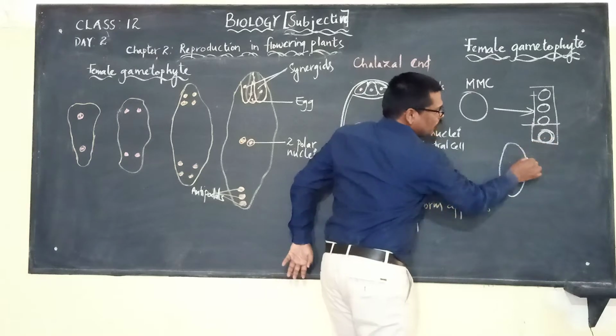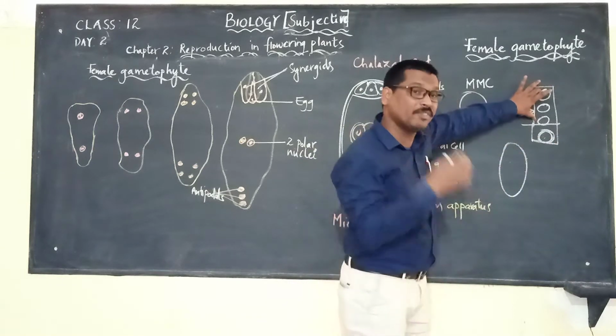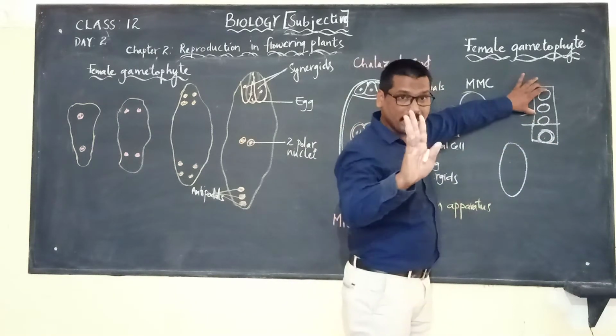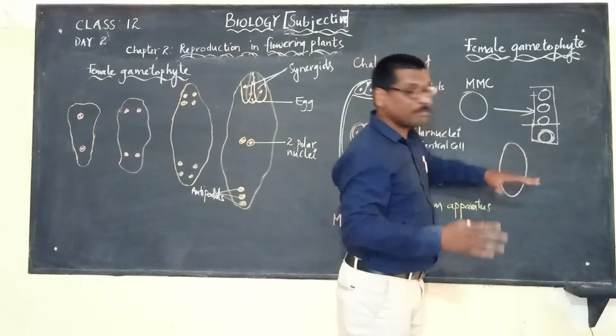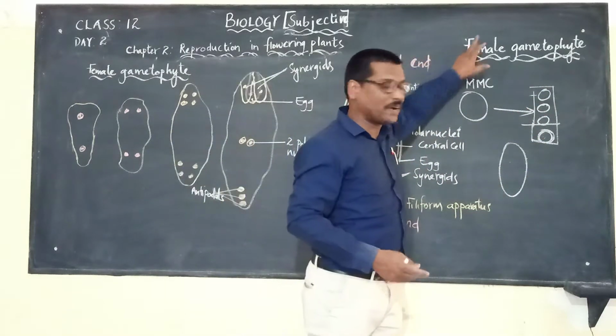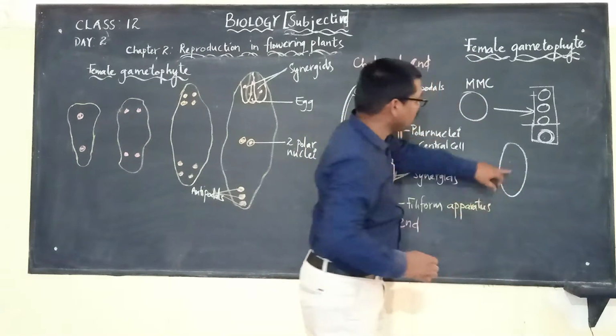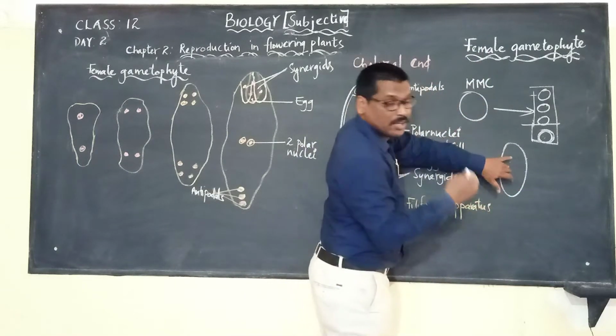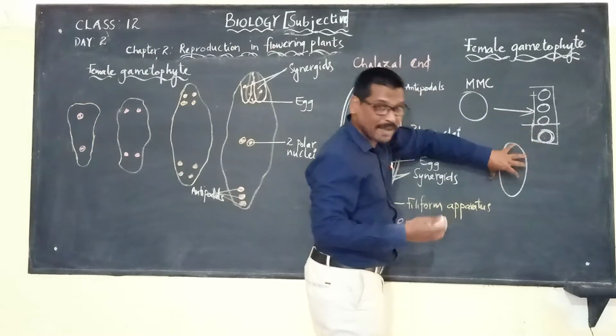So only one cell is there. The 3 megaspores have degenerated, and only one megaspore is undergoing growth and development into a female gametophyte.